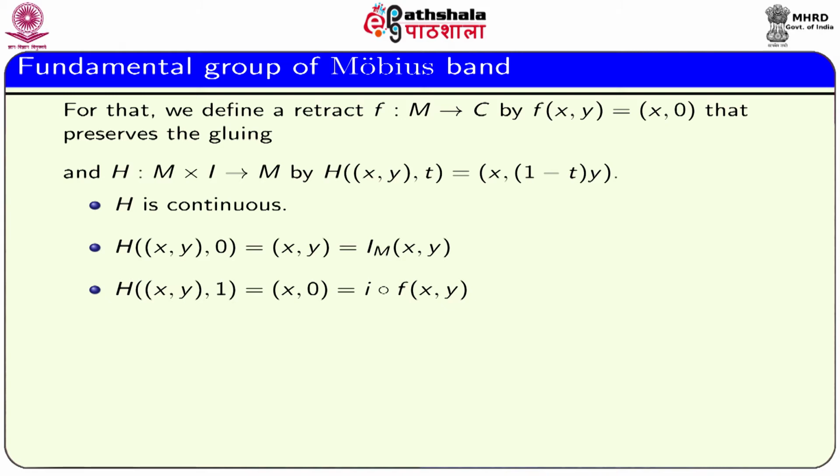H of x, y, 0 equal to x, y, which is the identity function operated on x, y, and H of x, y, 1 equal to x, 0, which is i composed F evaluated at the point x, y, where small i stands for the inclusion map.